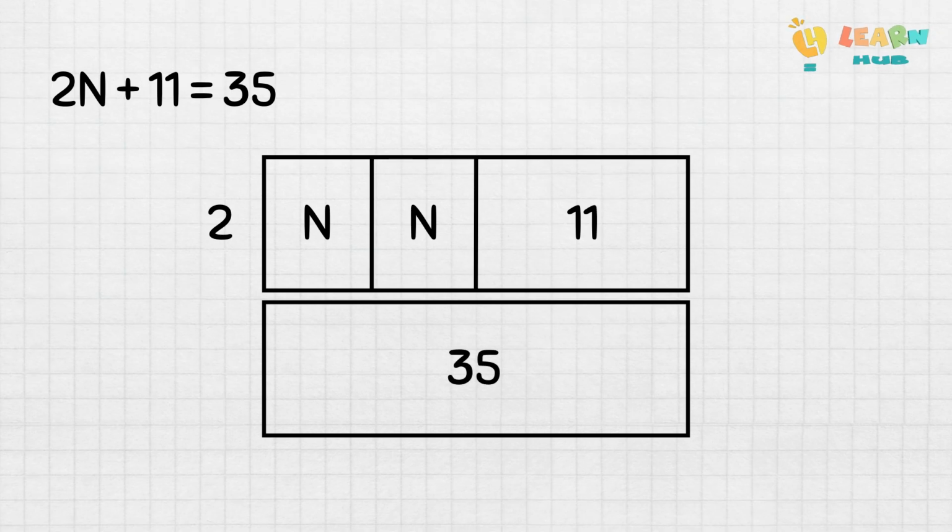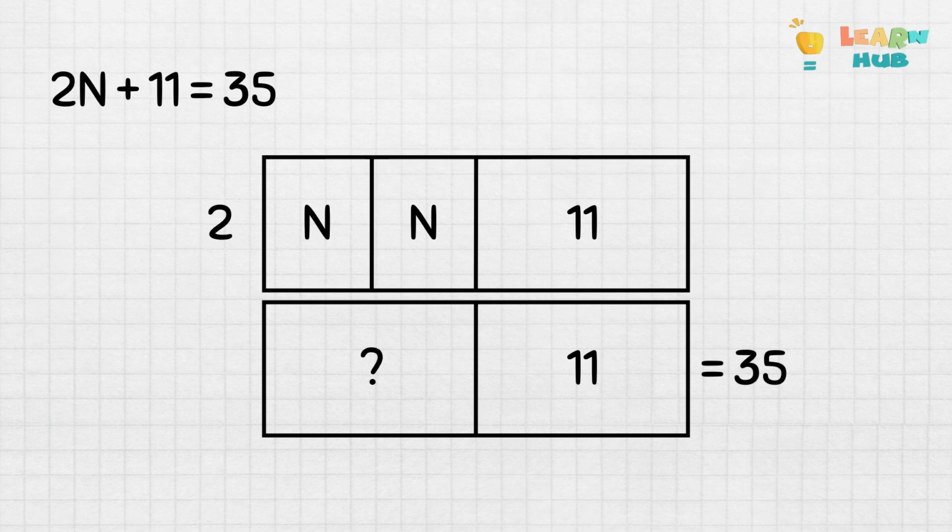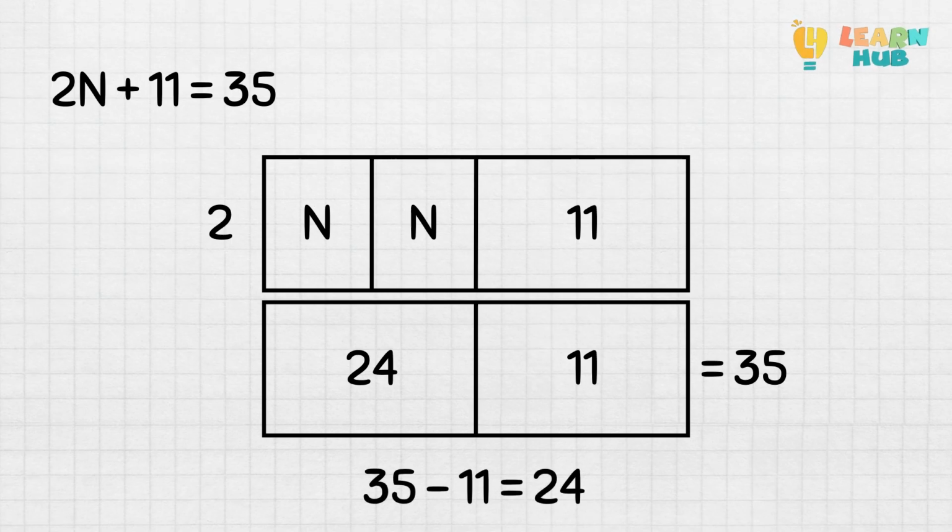Do you remember what you'll do in this situation? Let us cut a portion at the bottom equivalent to 11. What will the other portion of the bar be equal to if the total is 35? Correct! It will be 24, since 35 minus 11 is 24.